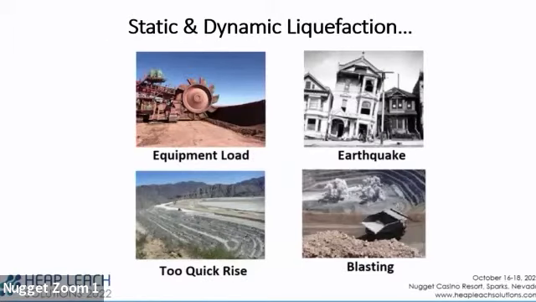So we have 2 kinds of liquefaction, static and dynamic. Dynamic is the one mostly we worry about, especially in civil engineering structures, and that's typically earthquake loading. And the history of catastrophic failures because of this in the civil engineering world is legion.